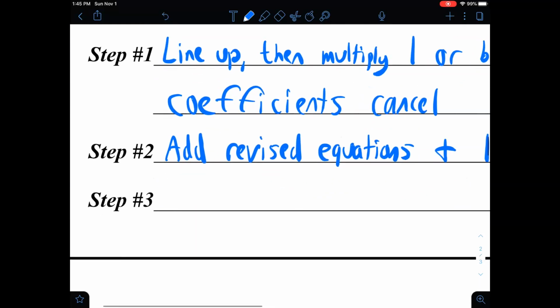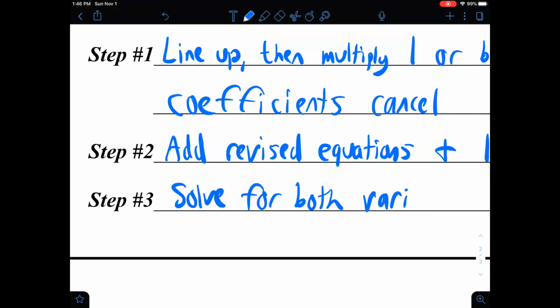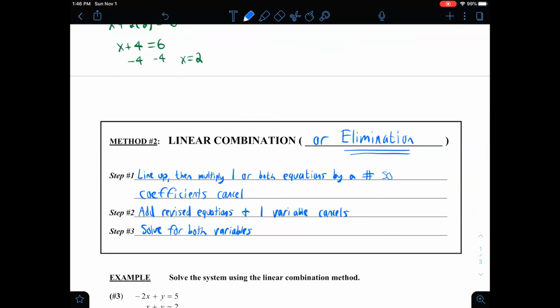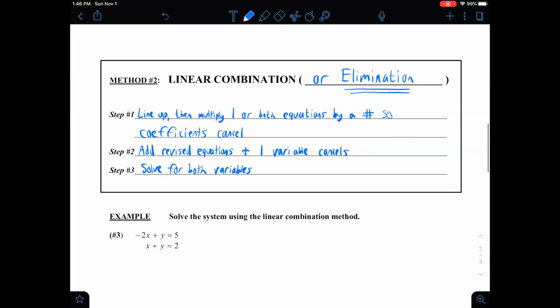And then step 3 is to solve for both variables. Solve for both variables. Okay, all right, so that's elimination. Let's go ahead and get into it now.